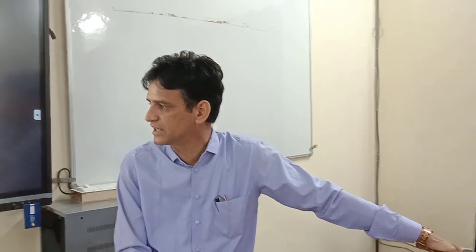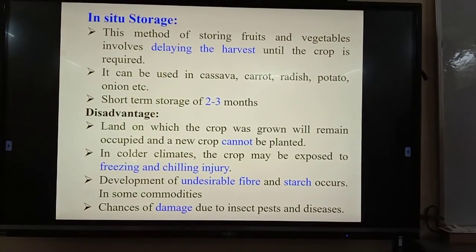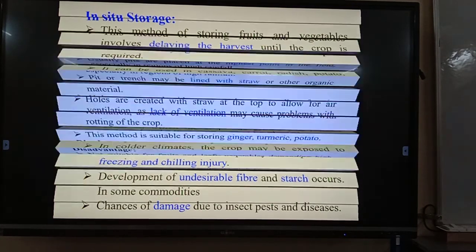And the last one is the chance of damage due to insect pests, because when we leave our crop in the field, there are more chances of damage by insect pests and disease.